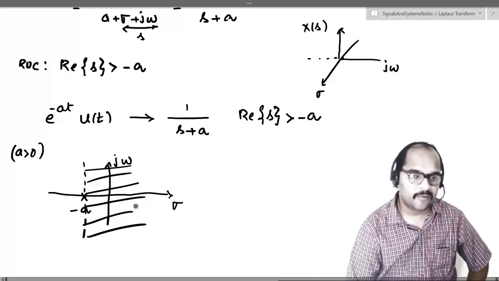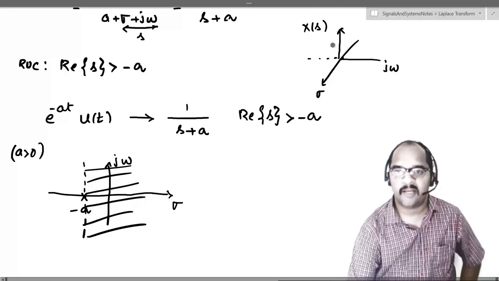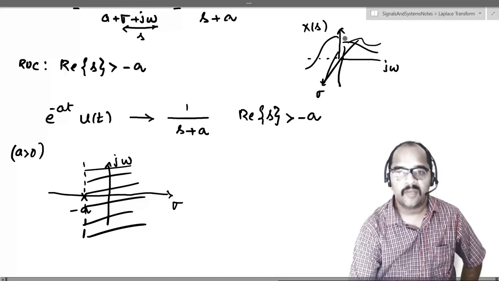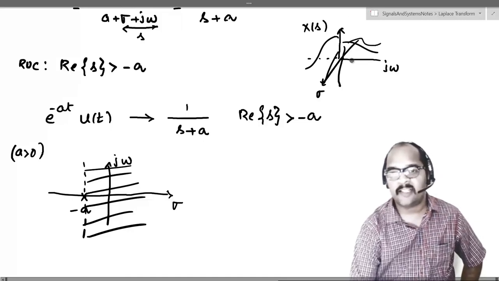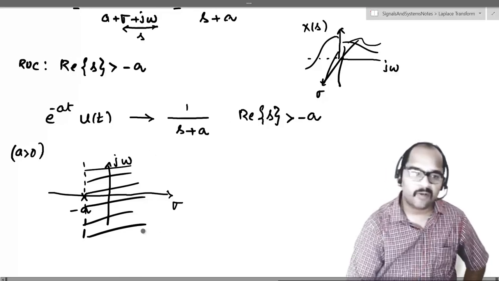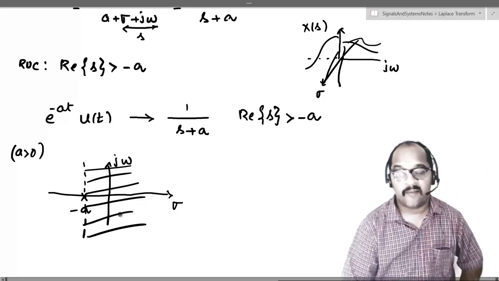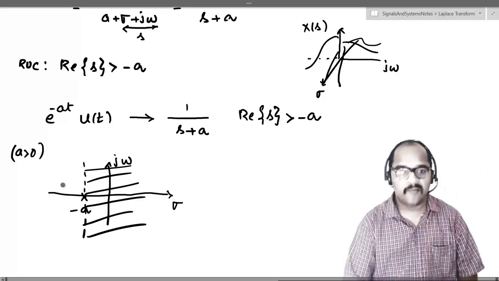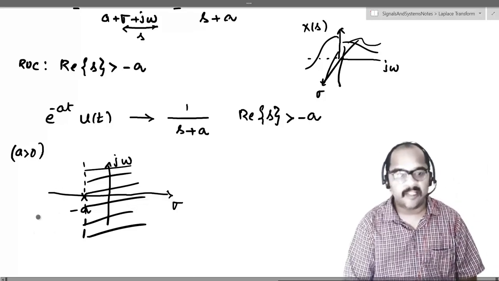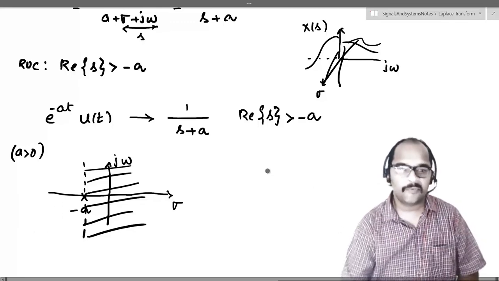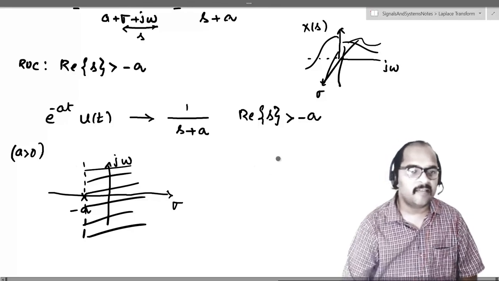X of s would have a different shape, something like this, we don't know. If you look from top, what is the region that it covers? It covers this region. So this is the top view of X of s, where X of s exists. In this region, our X of s does not exist. So this is the case when a is greater than 0.